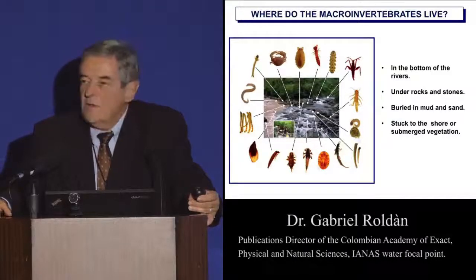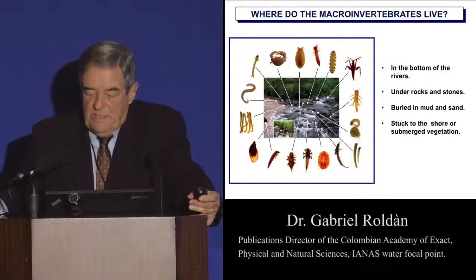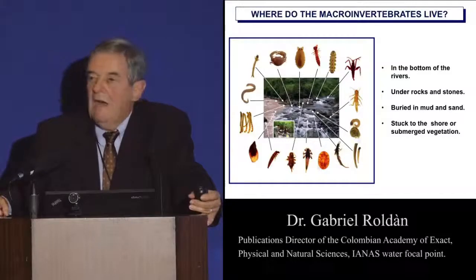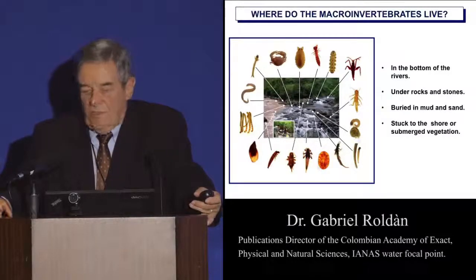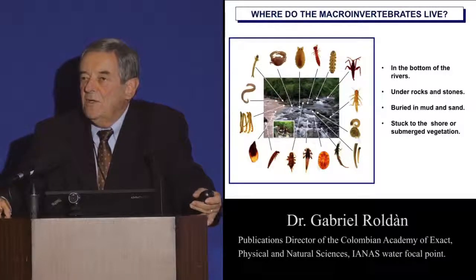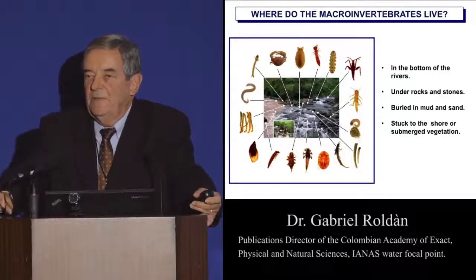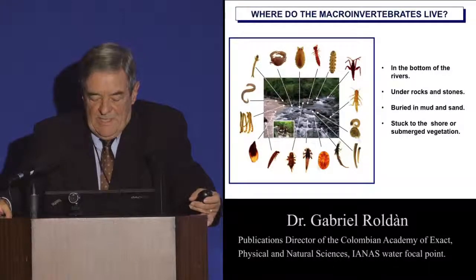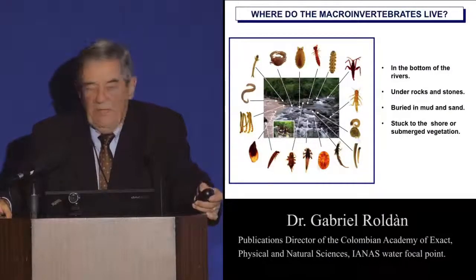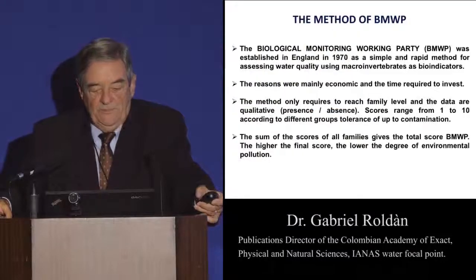So most of them are insects. Some of them are also crabs, and we also have some snails. So all of this bunch of macroinvertebrates in the water serve for the indication of water quality.